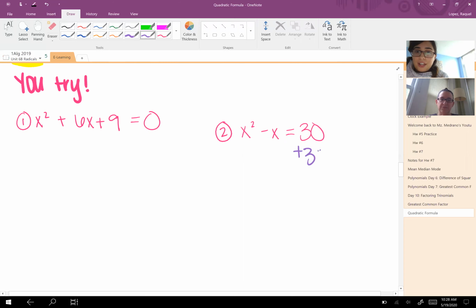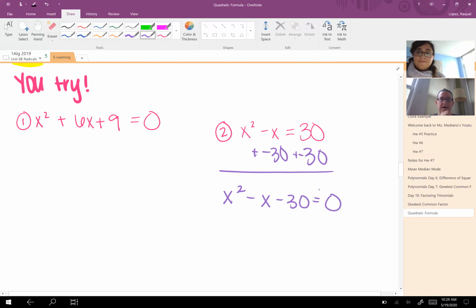I'm going to add 30, right? Oh, but then we'll have 60. Yeah, because if I add these two... I needed to set equal to 0. Yeah, so let's add a negative 30 to both sides. Then we'll have x squared minus x minus 30 is 0. And now we're good to go.